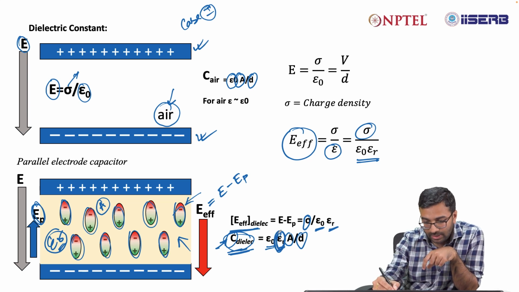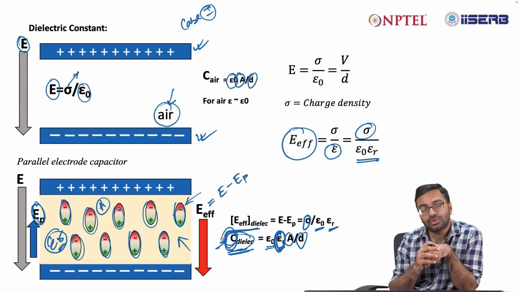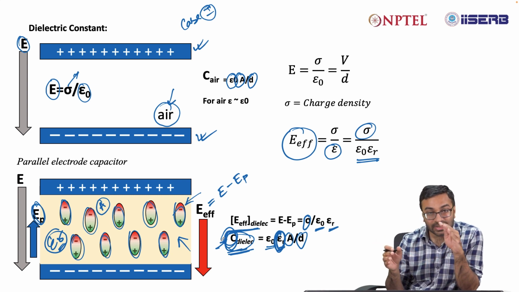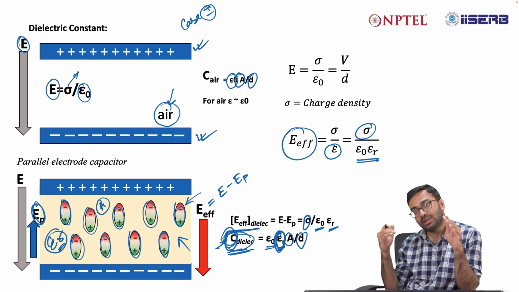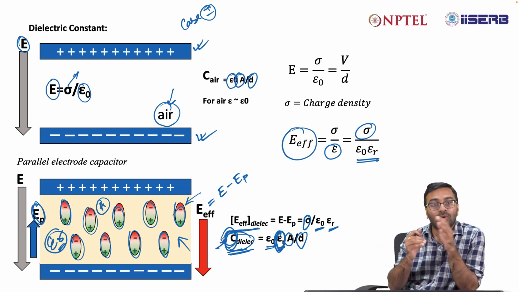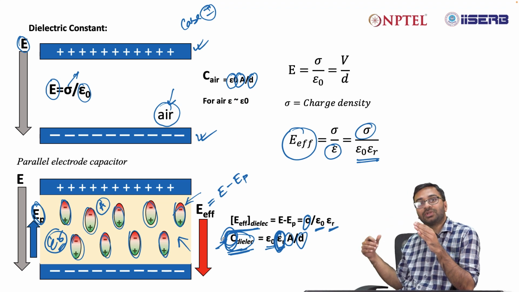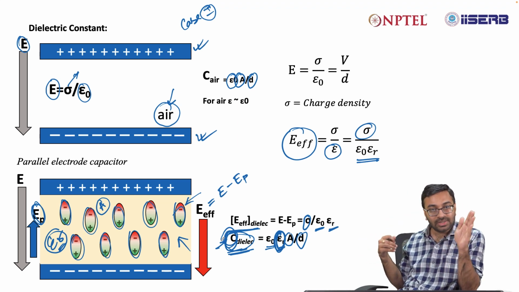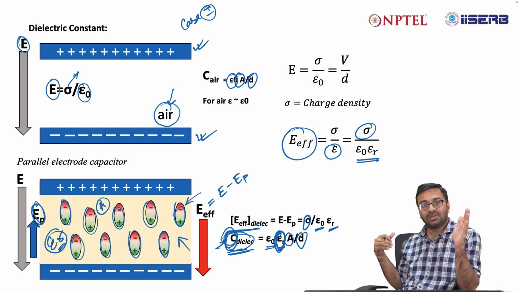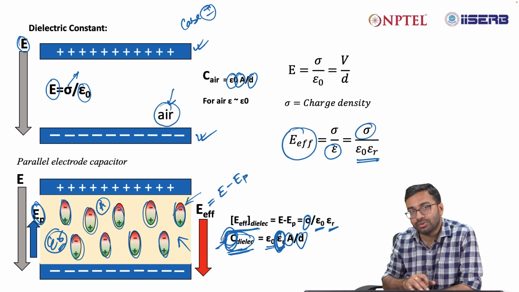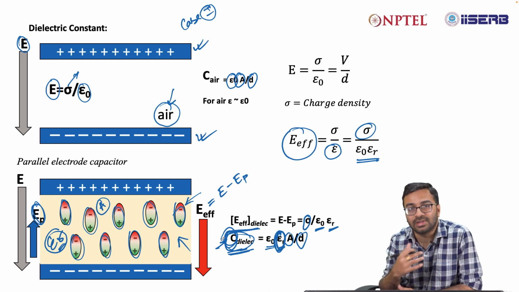If epsilon r is changing, your capacitance also will change. Then you can calibrate the capacitance with the dielectric constant, and then the dielectric constant can be related to the temperature. So, ultimately you get a calibration curve between capacitance and temperature. That is how you can utilize dielectric constant for developing a sensor.